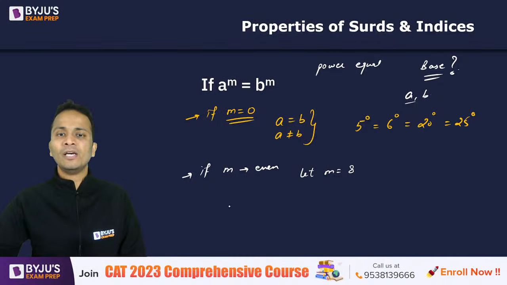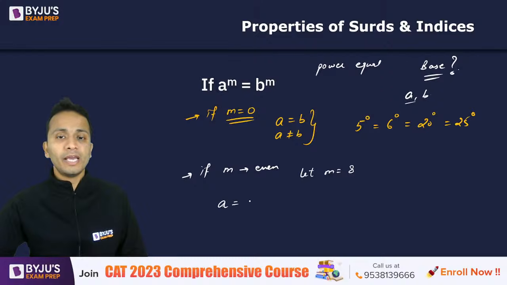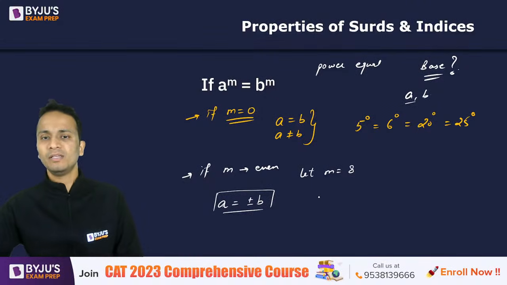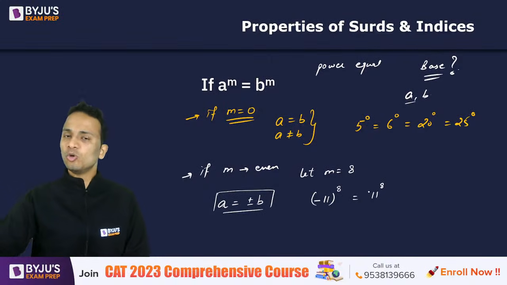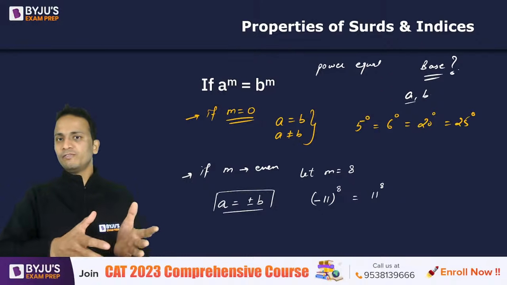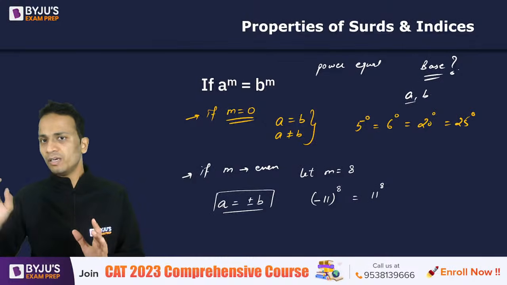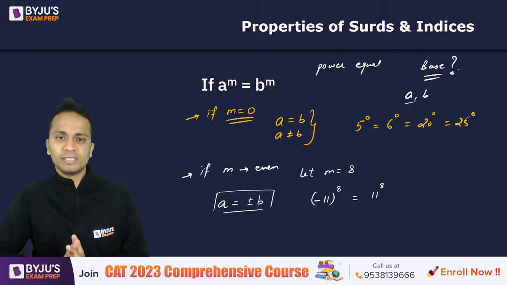In this case both A and B may be equal, or A may be equal to negative B. So A is equal to either plus B or minus B. For example, minus 11 raised to the power 8 and 11 raised to the power 8, they both will be equal, right? A positive or negative number raised to an even power will give you a positive result in both cases, right?